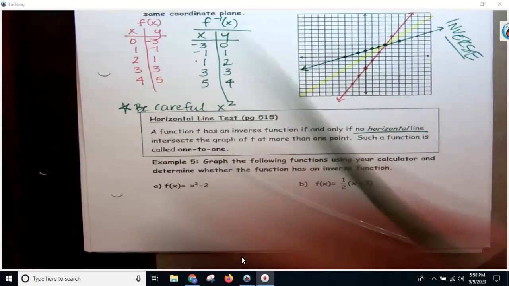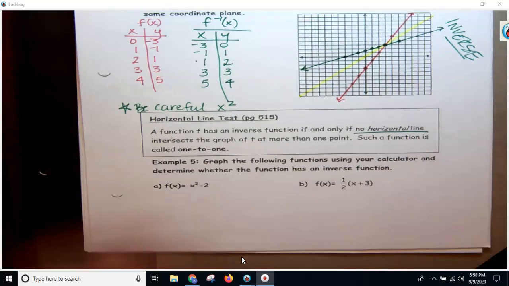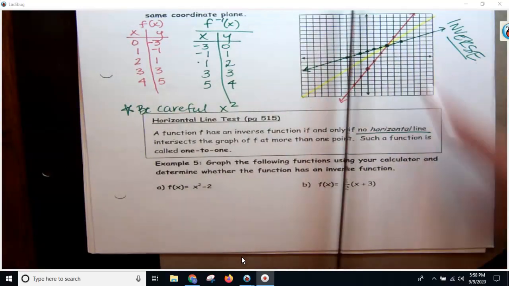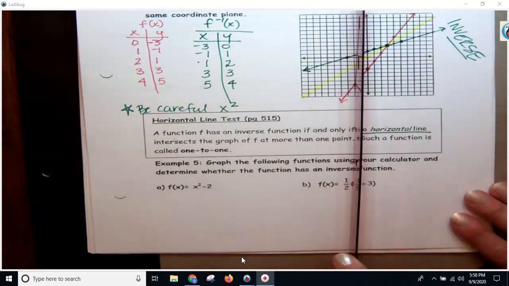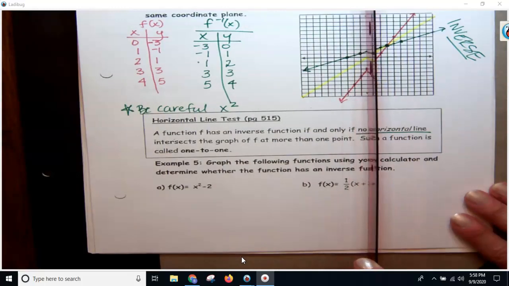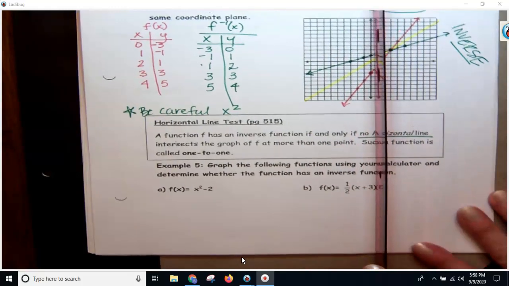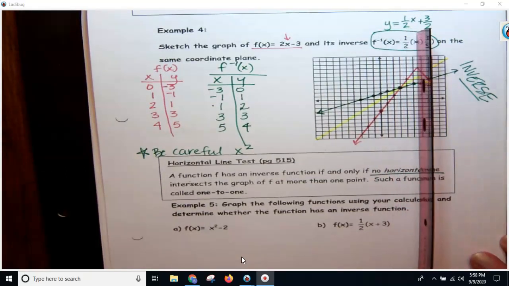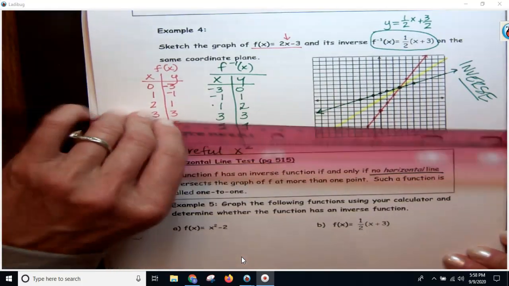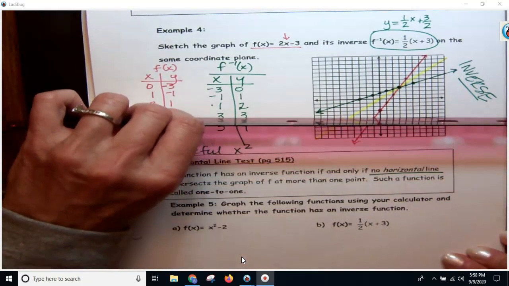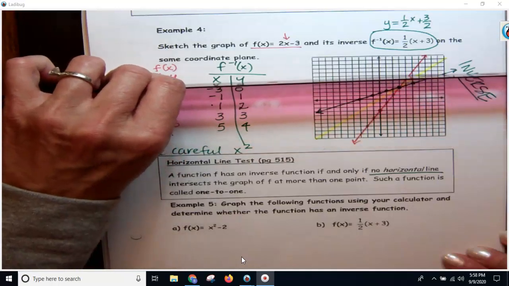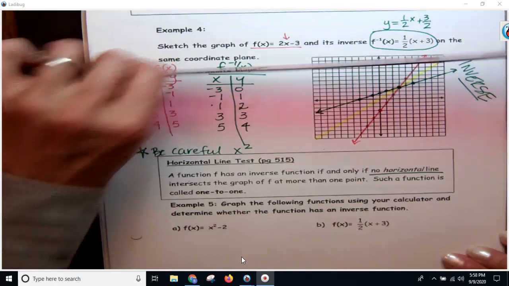So in this case, you say, okay, if you do the vertical line test, and I'm using the red line, if I use the vertical line test, it's only touching my ruler once as I bring it along, right? It's only touching my ruler once. Now, if I use the horizontal line test, it's also just going to touch my ruler once as I use a horizontal line. That means it can have an inverse.